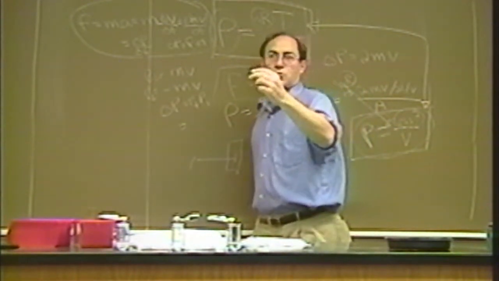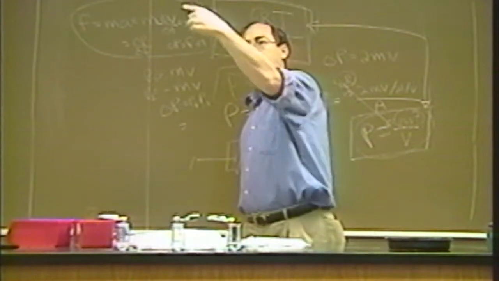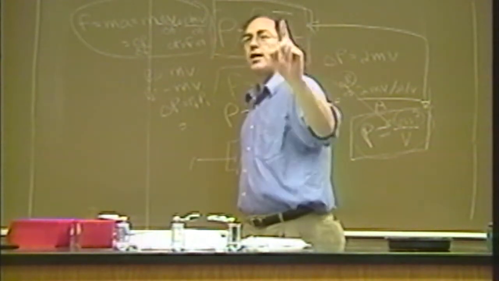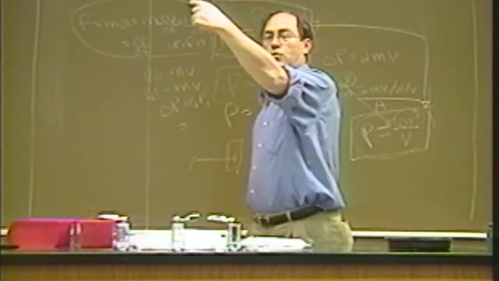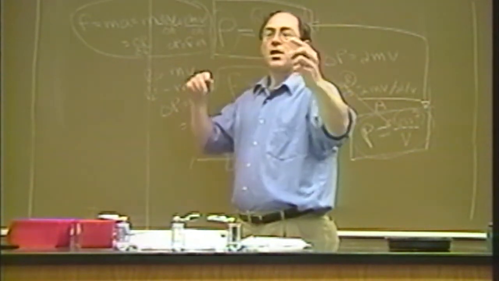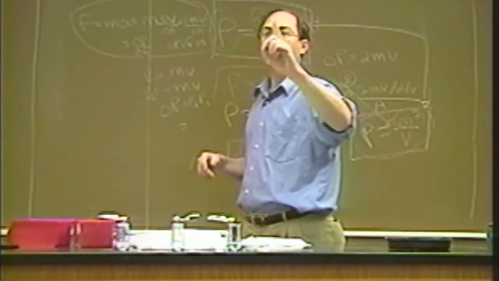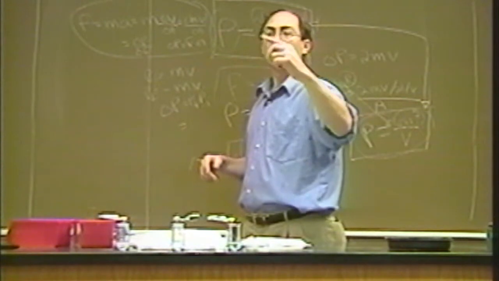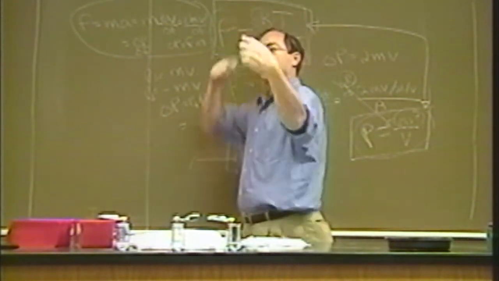Let's look at, in terms of vectors, if you have a velocity like this, which has an x, a y, and a z component. Okay? What's the relationship between the x, y, z component and the total velocity? Let's take a simpler case of, let's say, two-dimensional motion. It has just an x and a y, without the z. So it's moving like this, it has an x and a y.